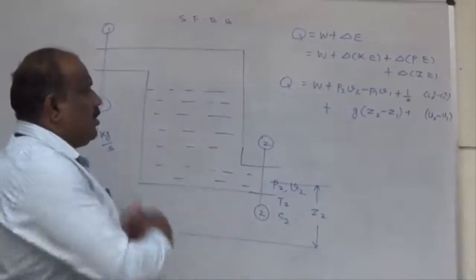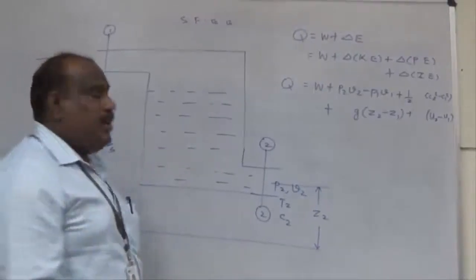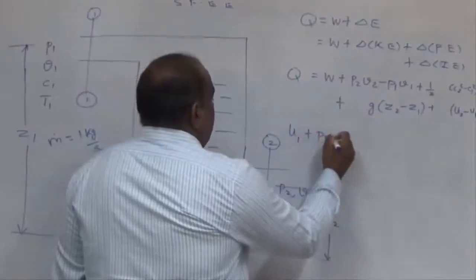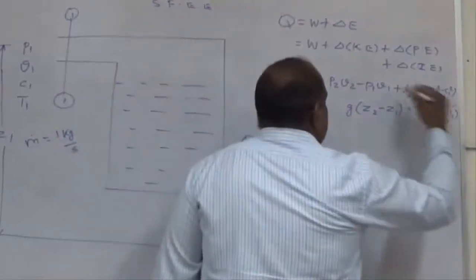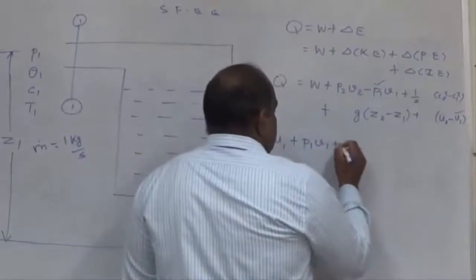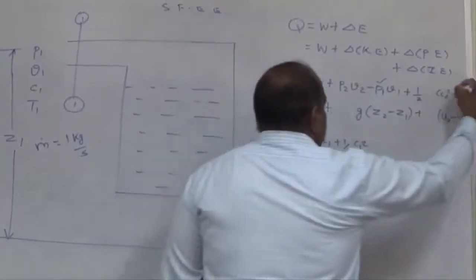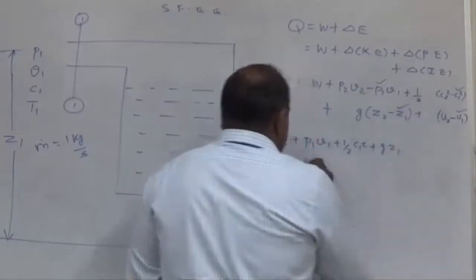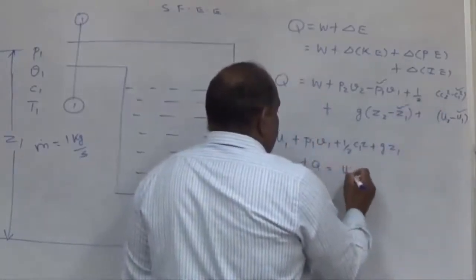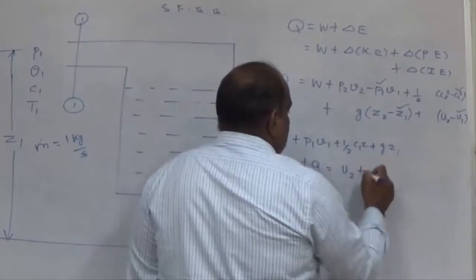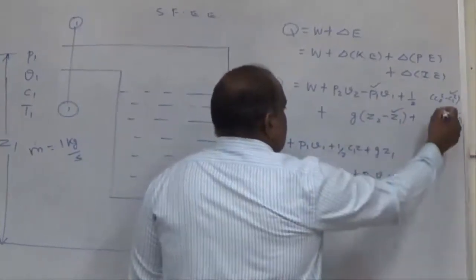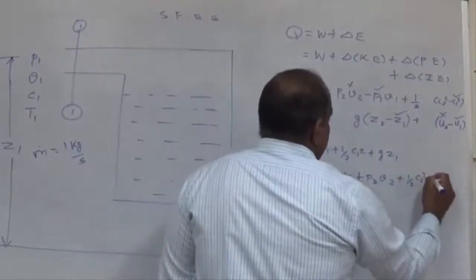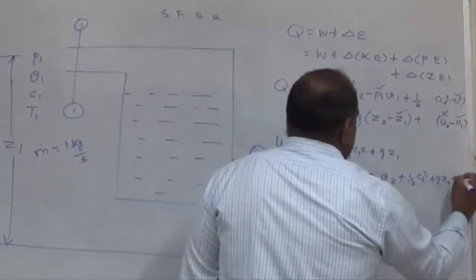As I told you earlier, you replace all the terms to one side, so it becomes u1 plus p1 v1 plus half c1 squared plus g z1 plus q equal to u2 plus p2 v2 plus half c2 squared plus g z2 plus w.